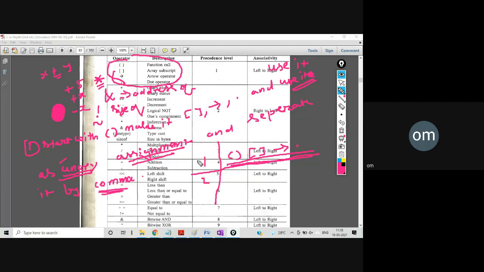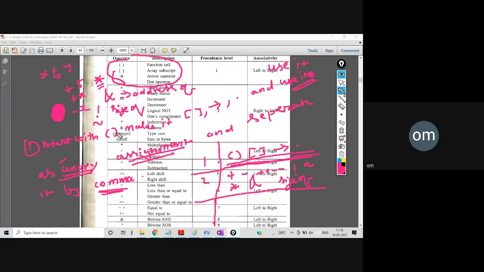So the second level, you can write here: plus, minus, plus plus, minus minus, logical not, negation, asterisk, ampersand, and finally sizeof. All these operators come in the second level, unary. So we have covered the second one also.